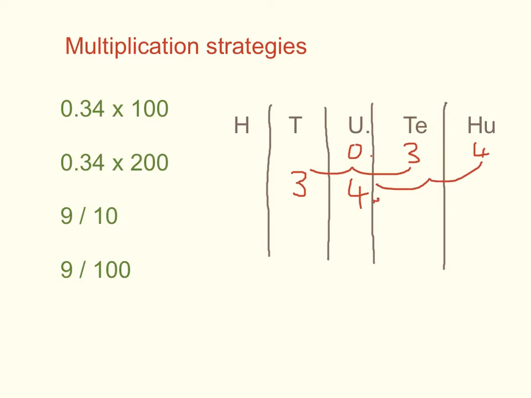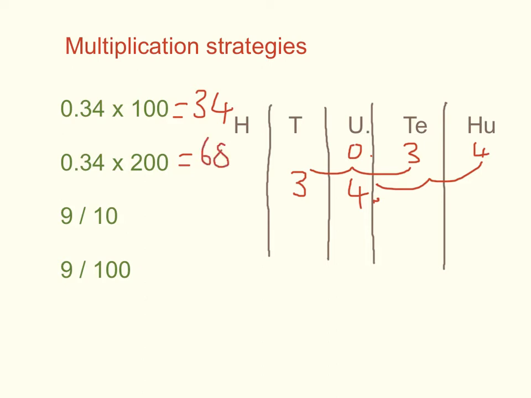I can then use the fact that I know that 0.34 times 100 is 34 to do 0.34 times 200, which must be just double the answer above. So essentially I can double then multiply by 100, or I could multiply by 100 and then double to get me to 68.